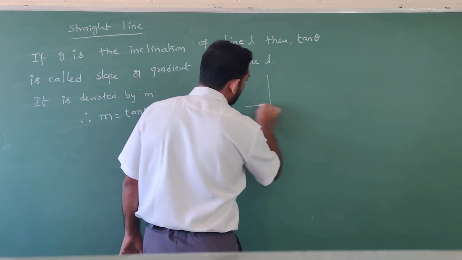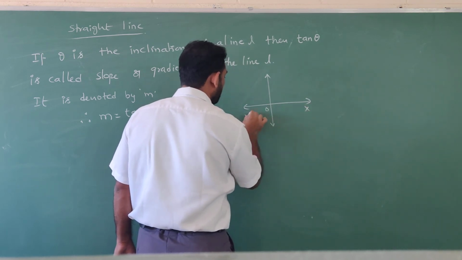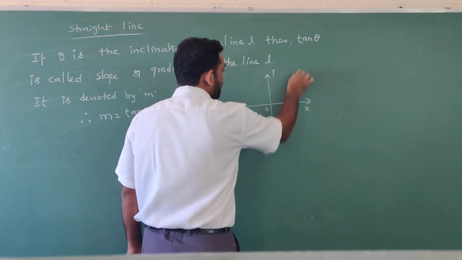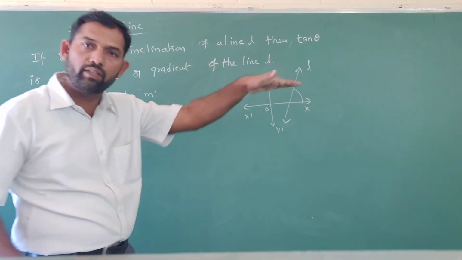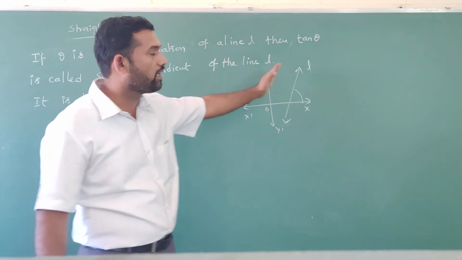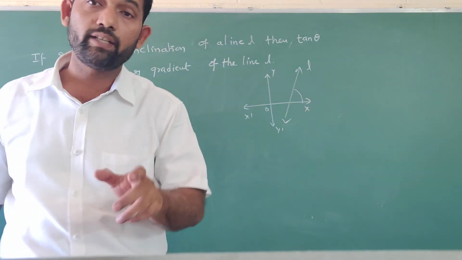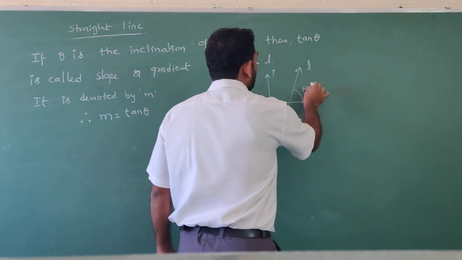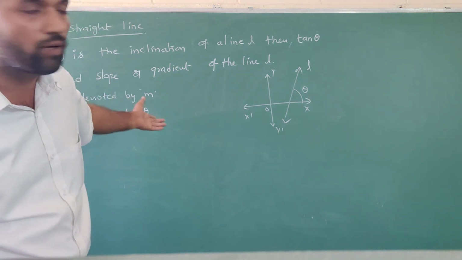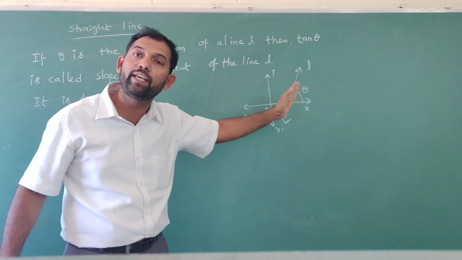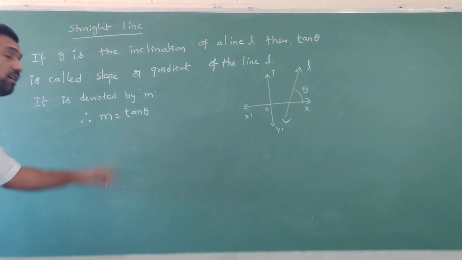Inclination is the angle the line makes with the positive direction of x-axis, that is theta. Multiplied with tan, it is tan theta, which is the slope of the line.